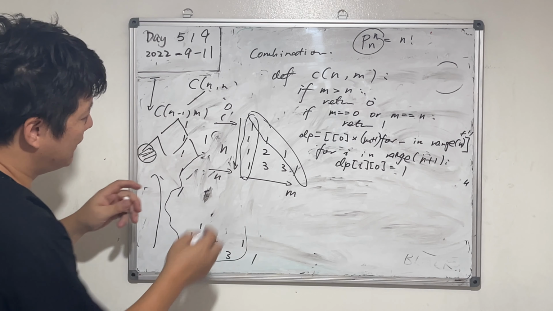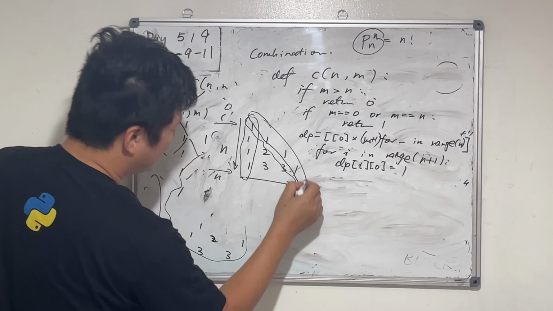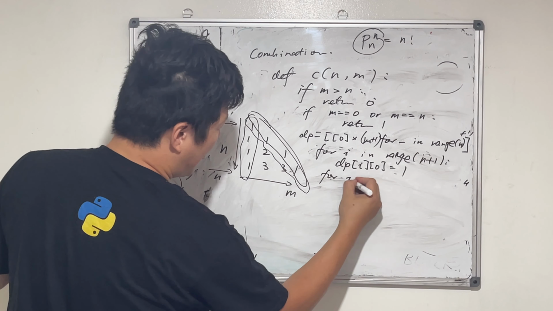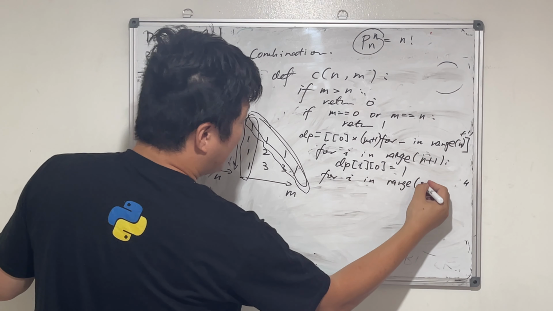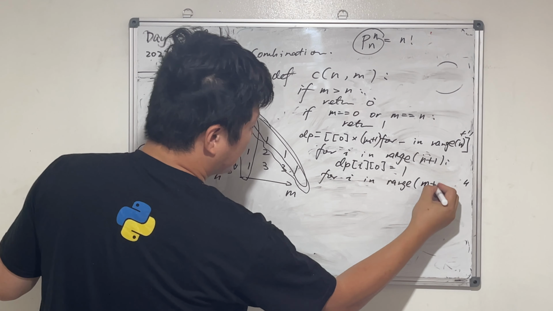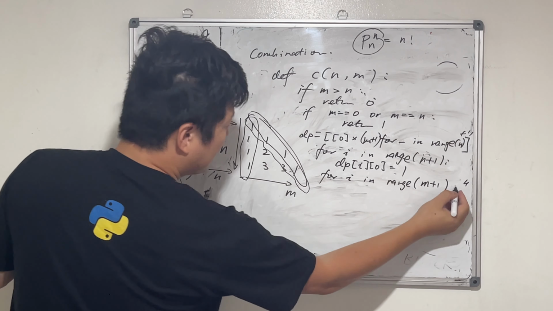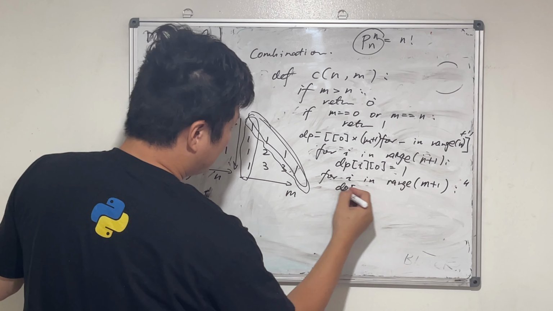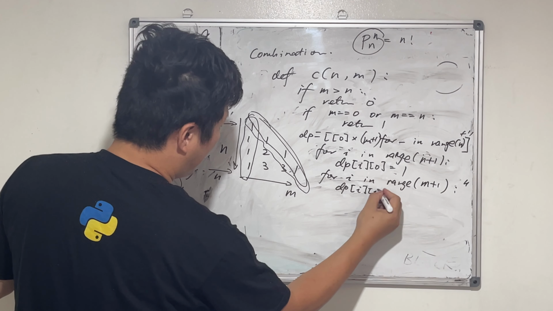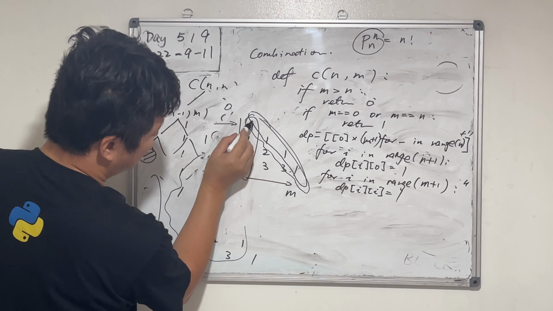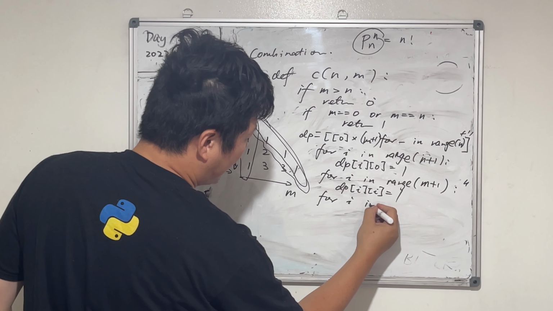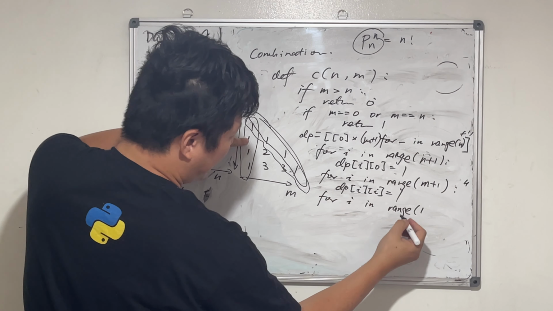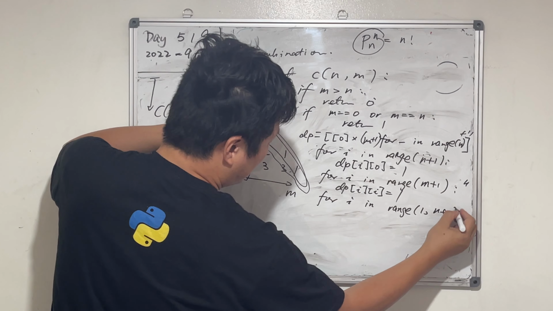And this column we need to do as well. So for i in range n plus 1, dp[i][i] equals 1. So we are filling these values. And then we need to calculate. For i in range from the second row actually to n plus 1.